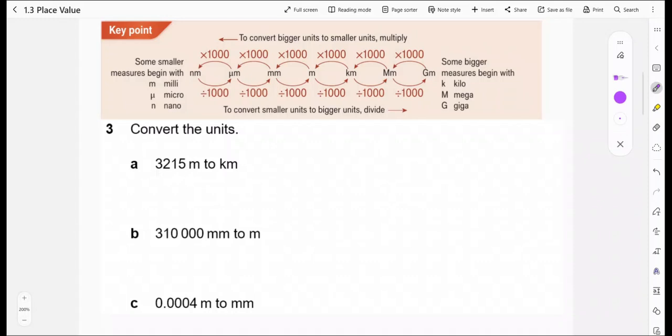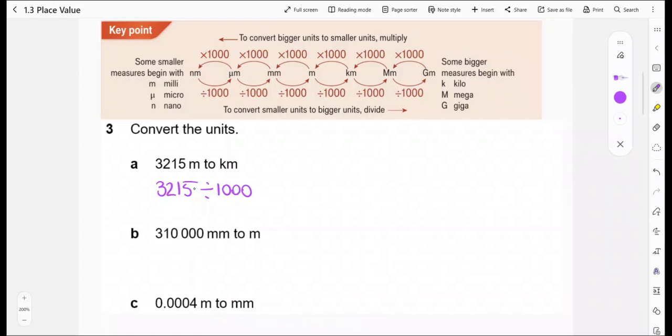So in order to convert 3,215 metres to kilometres, I've got metres and I'm converting to kilometres, which means I am going to divide by 1,000. Now, there are various ways. You've just got to think of how the place value works.